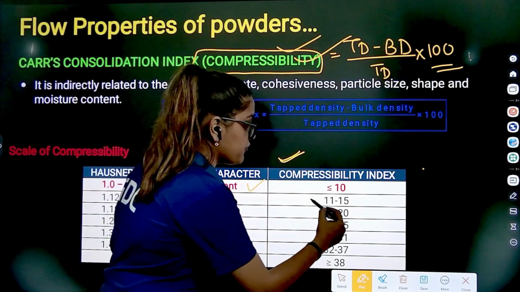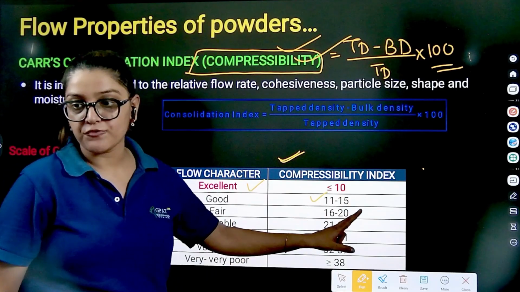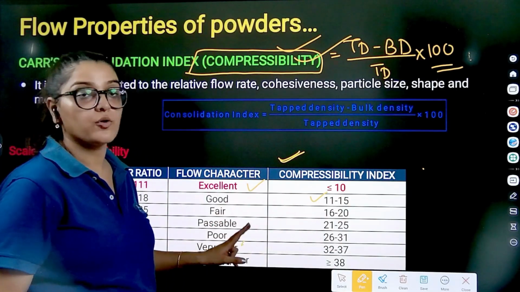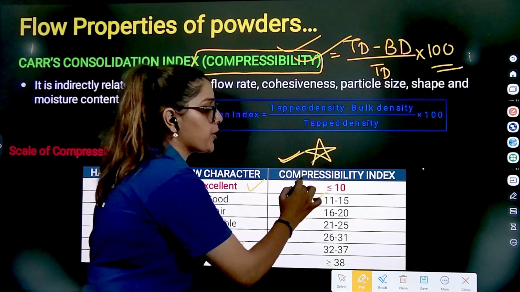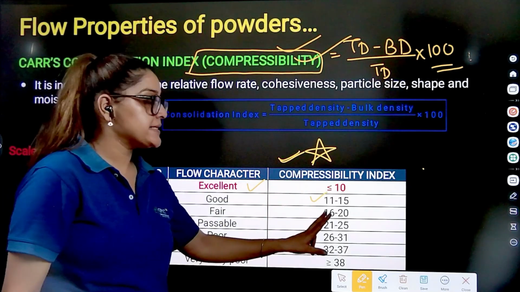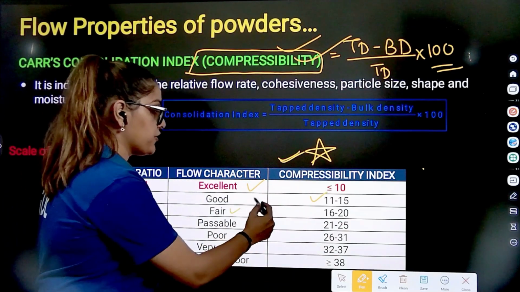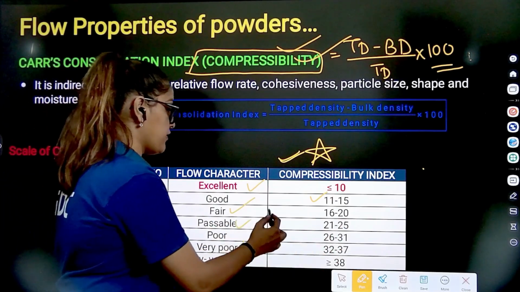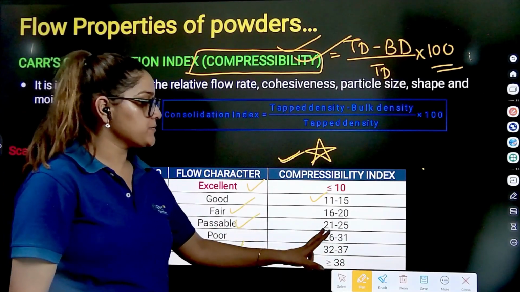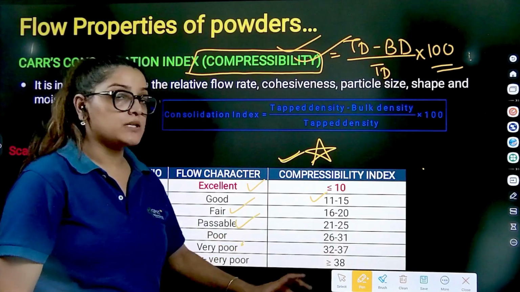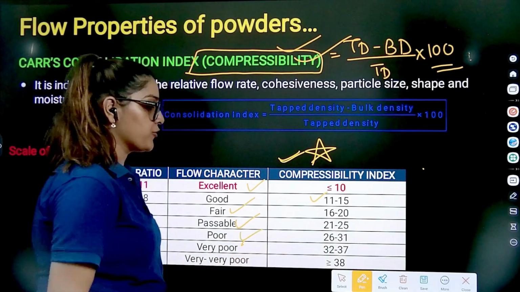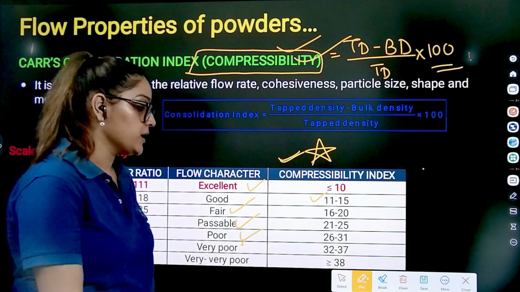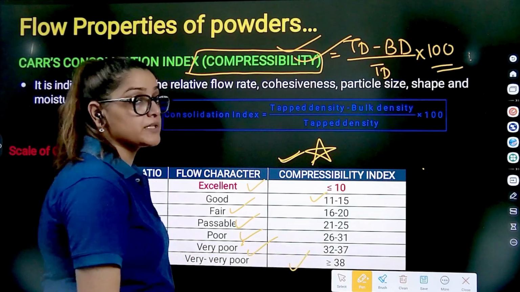If the value is between 11 to 15, it will be good flow. Very important from an exam point of view. If it is 16 to 20, you have fair flow. If it is between 21 to 25, you have passable flow. If it is between 26 to 31, it will be poor flow. If 32 to 37, you have very poor, and more than that, 38.